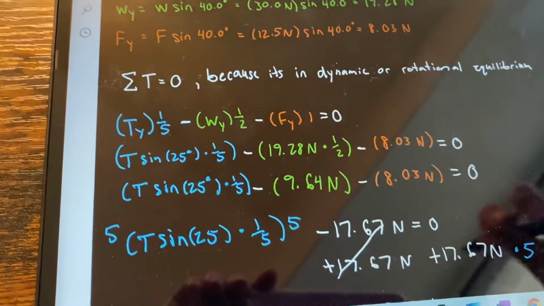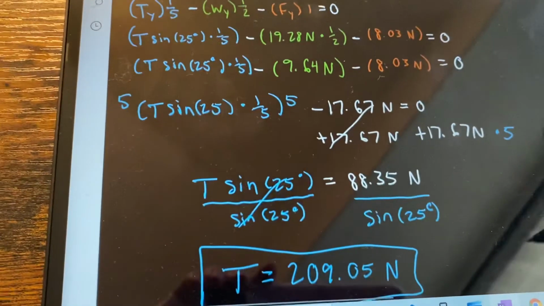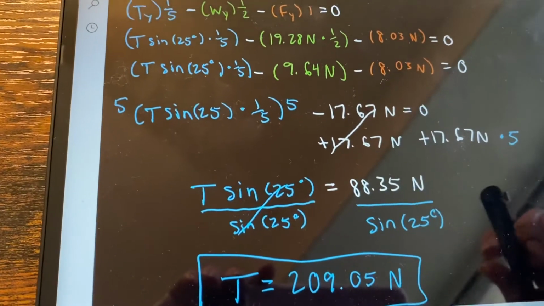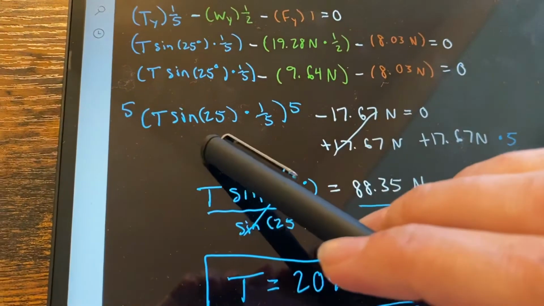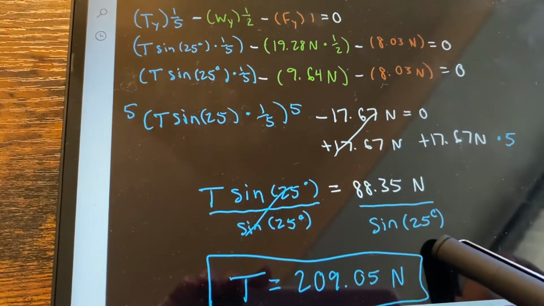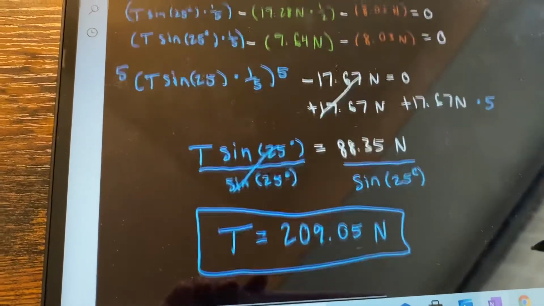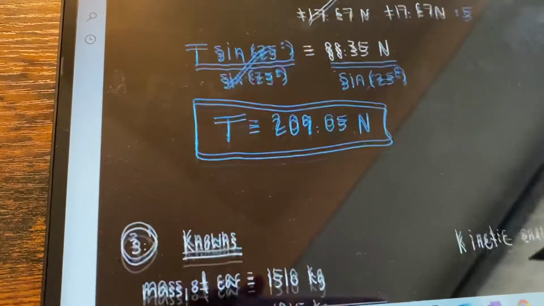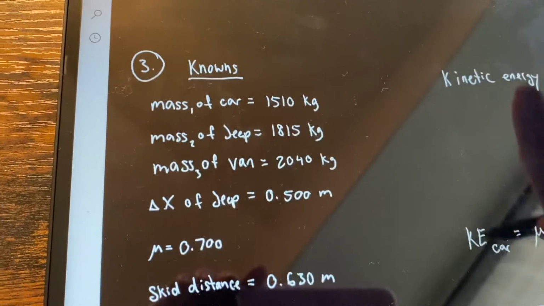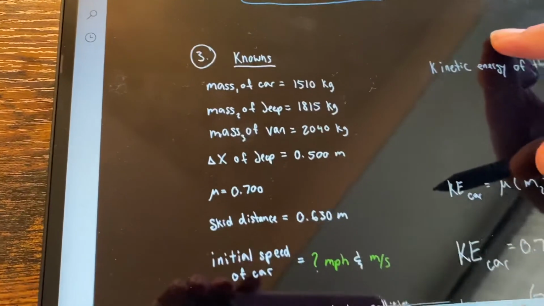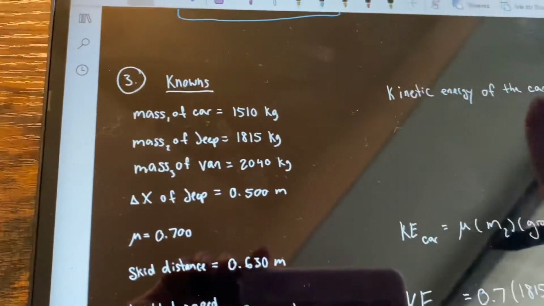And then, like I said, it's just plugging and chugging. At this point, it's just algebra, divide by the sine of the 25 degrees, and we end up with 209.05 newtons.